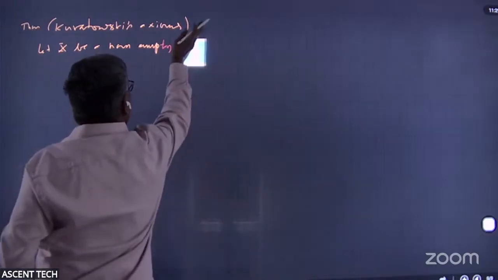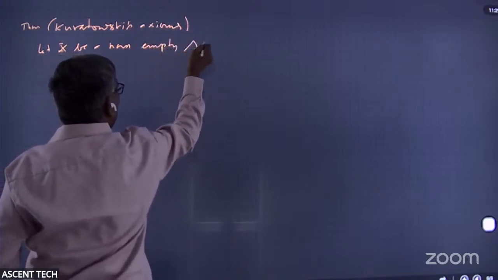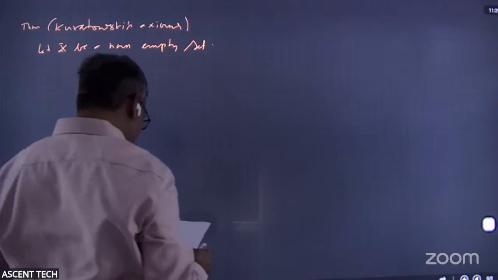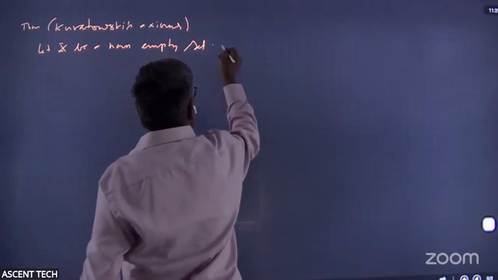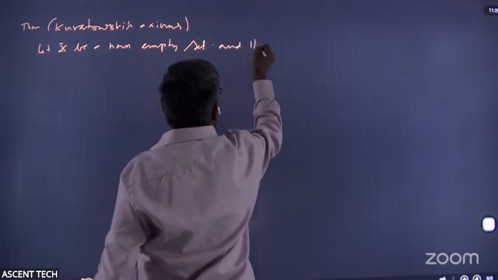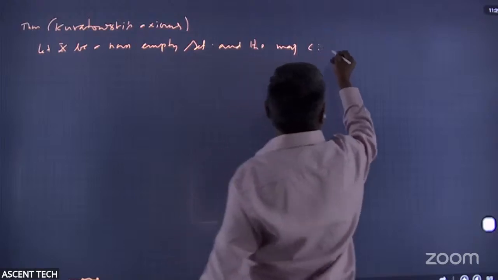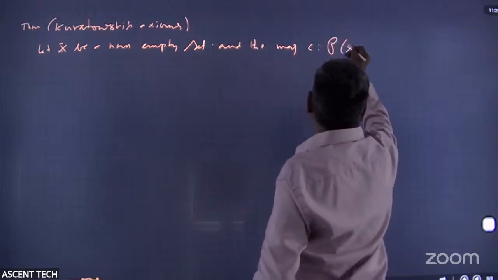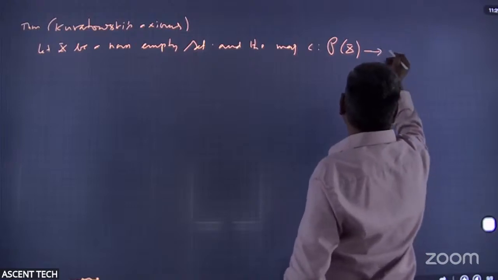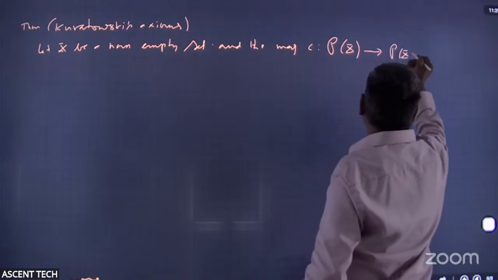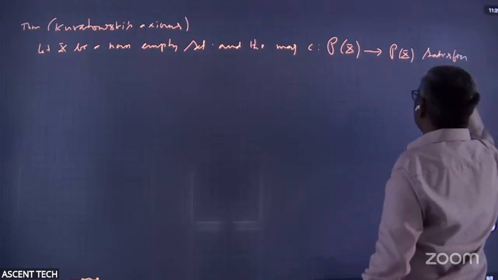Okay, let X be a non-empty set, and I'm going to have a function C, a map C which maps the elements of the power set of X back into the power set of X, and it satisfies the following.